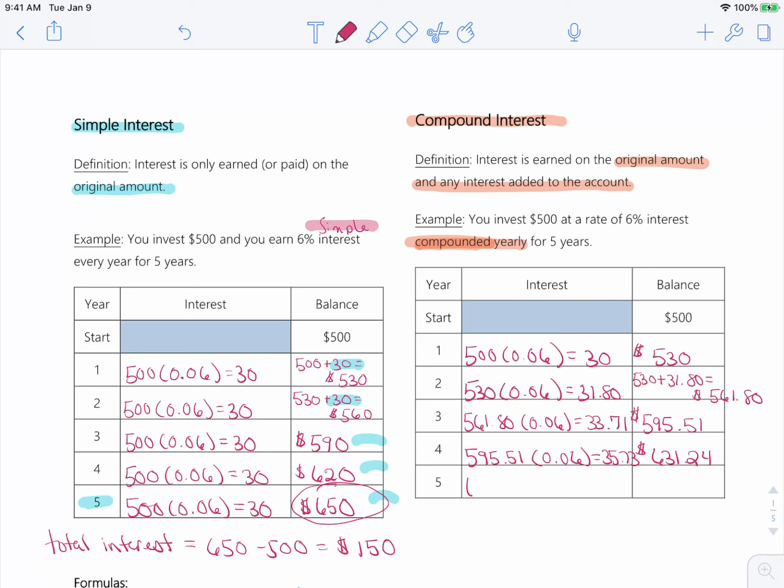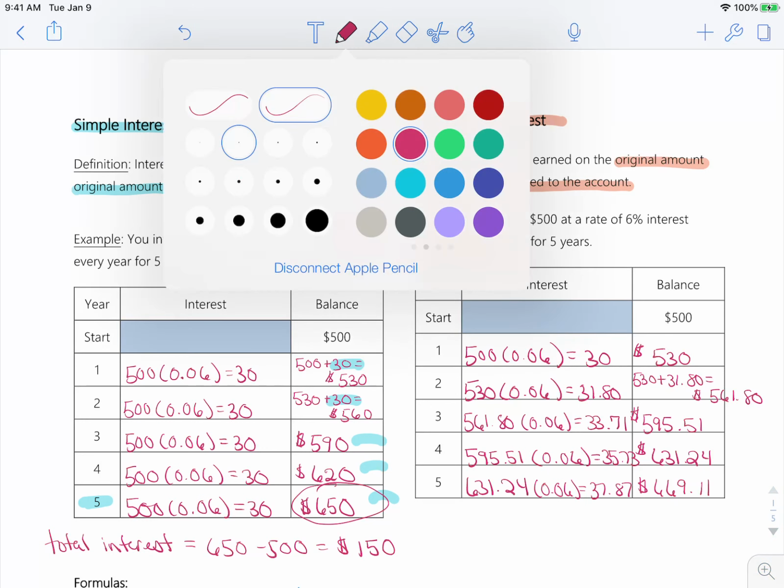Take my previous amount, $631.24. Multiply it by the interest, and I get $37.87. I add that to my previous amount, and I get $669.11.